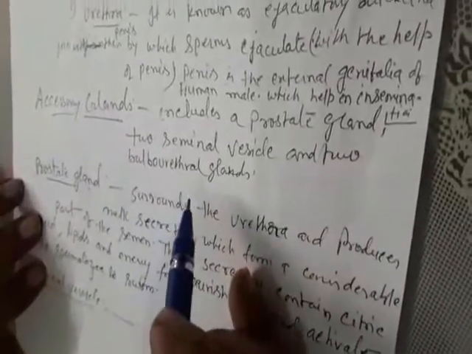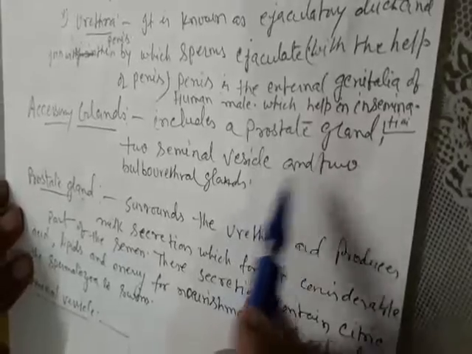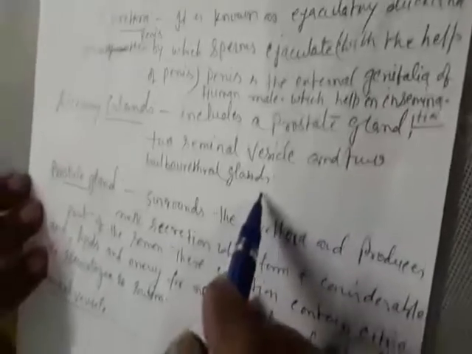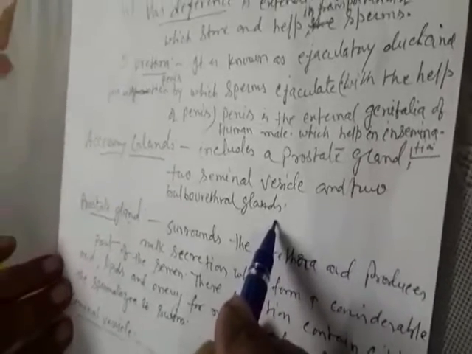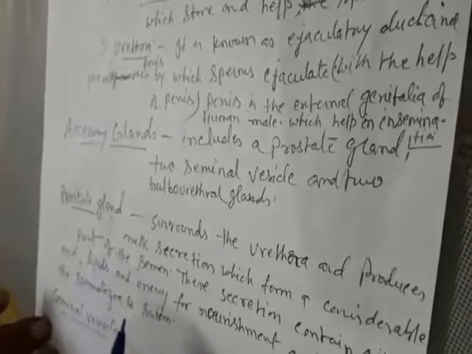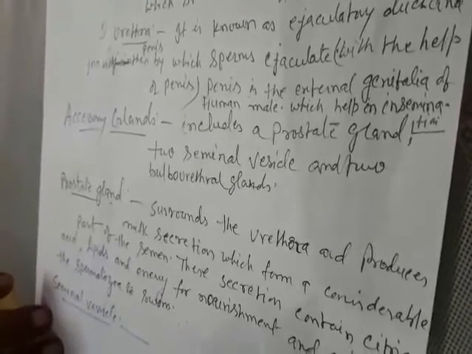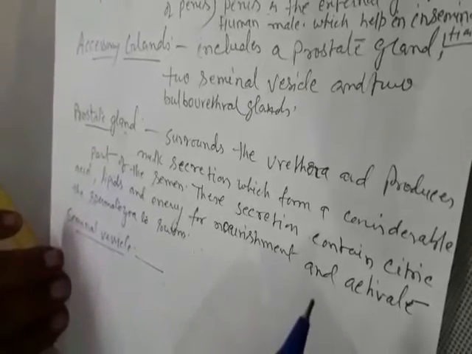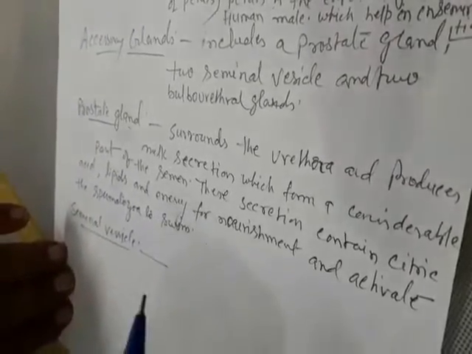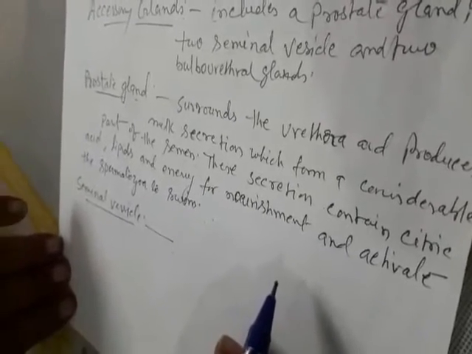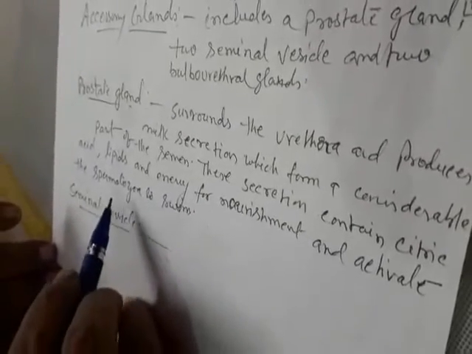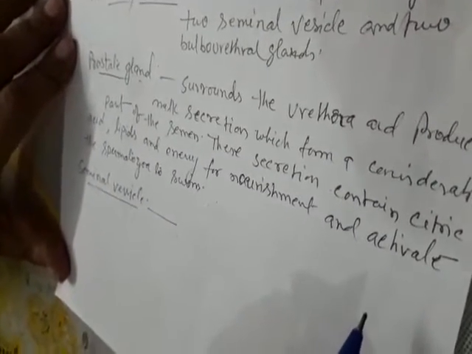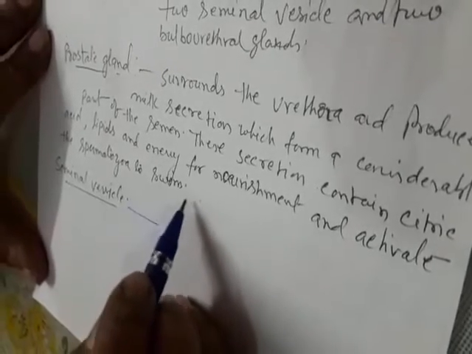Accessory glands include a prostate gland, two seminal vesicles and two bulbourethral glands. The prostate gland surrounds the urethra and produces milky secretions which form a considerable part of the semen. These secretions contain citric acid, lipids and energy for nourishment and activate the spermatozoa to swim.